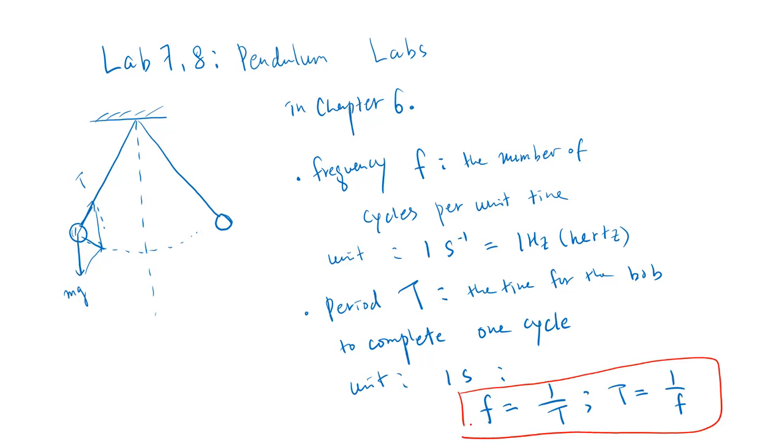For the pendulum case, this can be derived by using calculus. But this subject is not for a calculus-based physics course, so I'm just going to write the formula. The formula is T equals 2 pi times the square root of L over g.